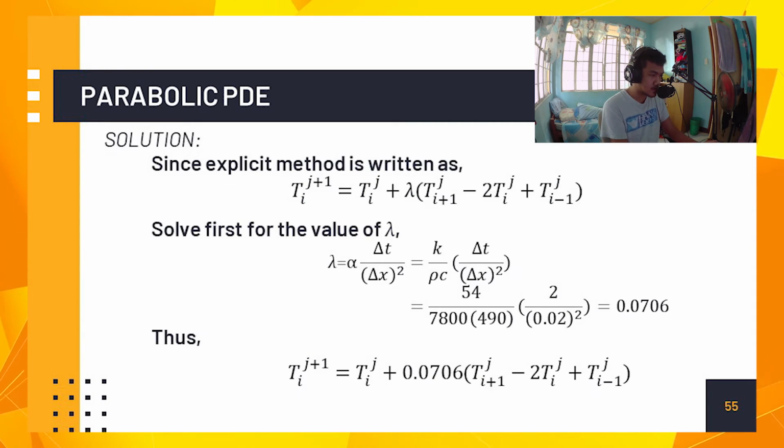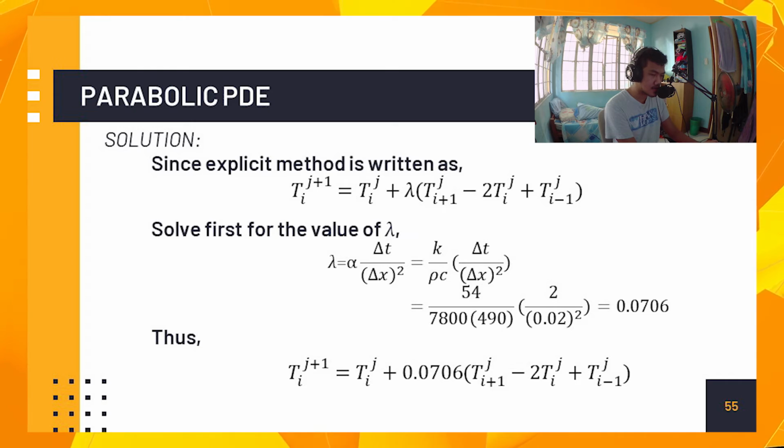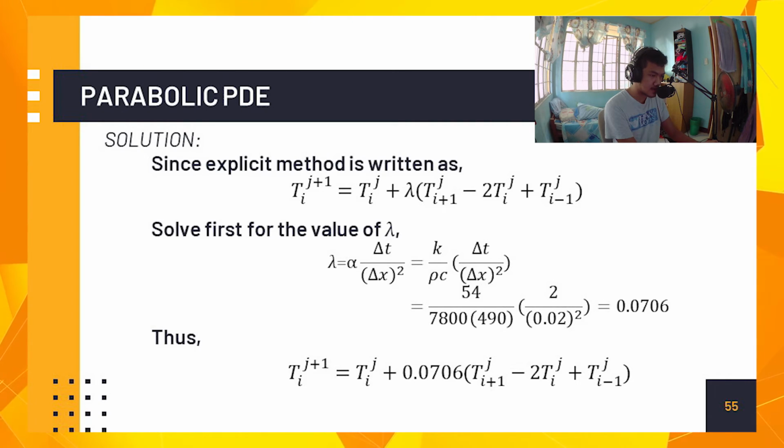For the solution, the explicit method is written as T sub i raised to j plus 1 is equal to T sub i raised to j plus lambda times the quantity of T sub i plus 1 raised to j minus 2 T sub i raised to j plus T sub i minus 1 raised to j.